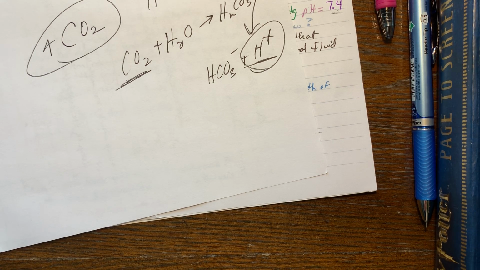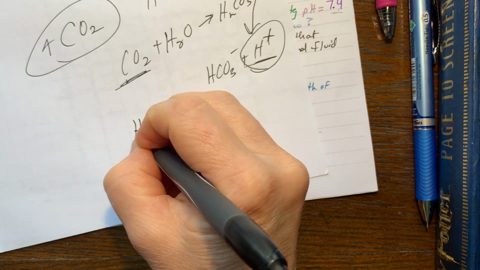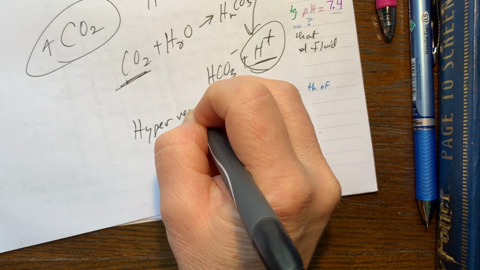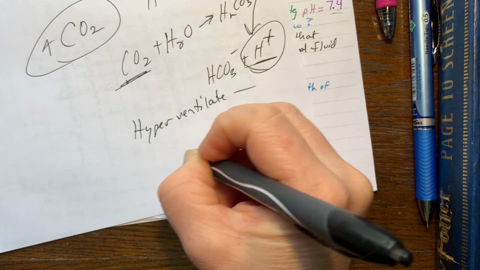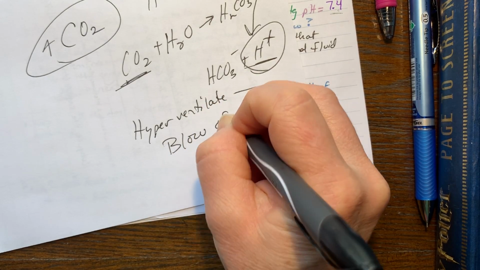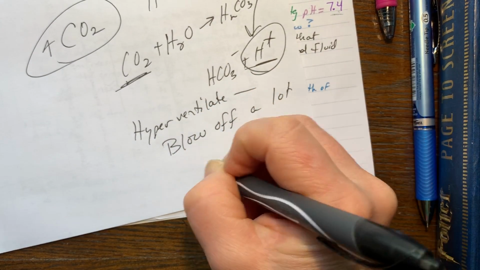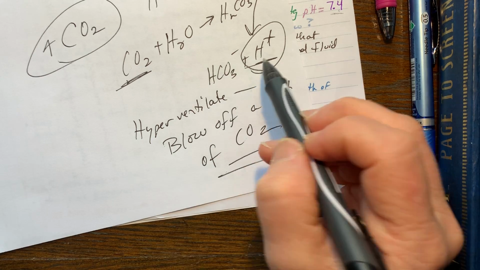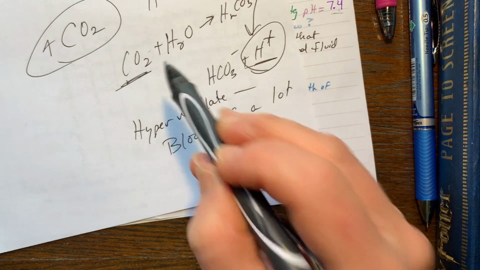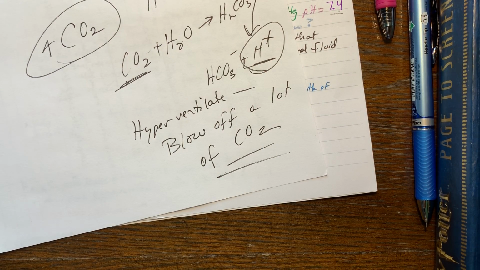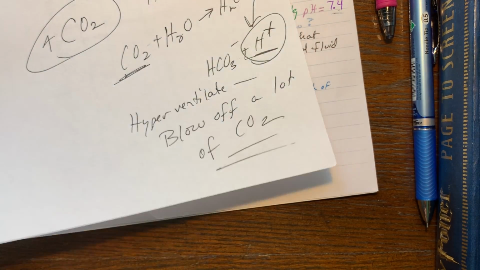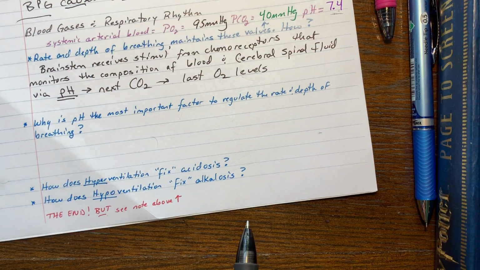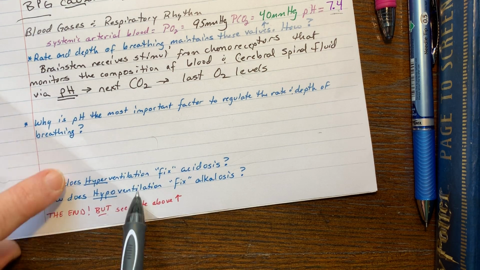And how can you get rid of CO2? You hyperventilate. In other words, you blow off a lot of CO2. So then these hydrogen ions can be used up, and we can reverse this equation. The reverse is for alkalosis. That can help you with these two questions.